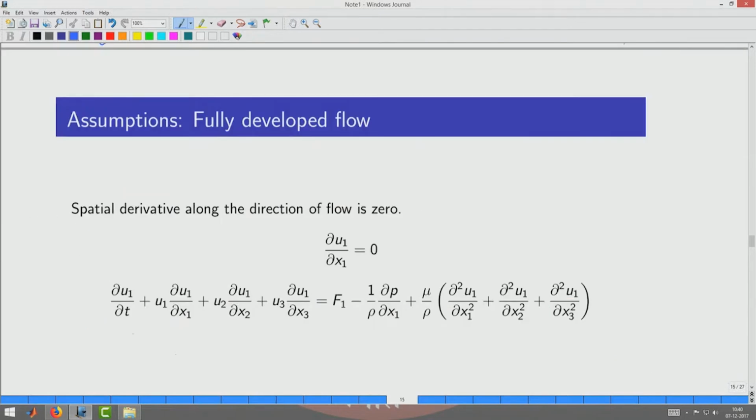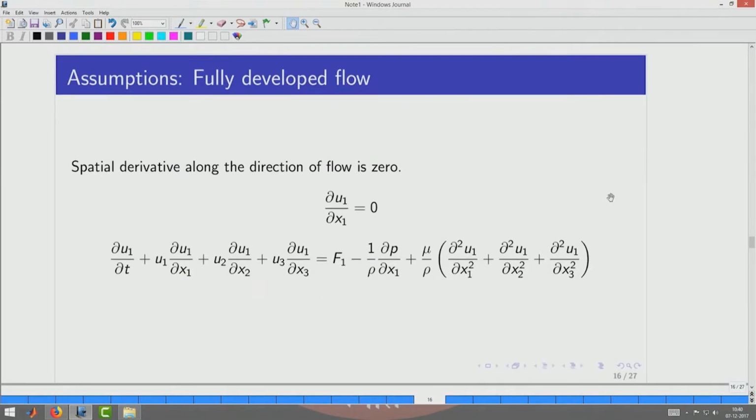Okay. Now, let us look at the other assumption, which is generally not discussed much in metallurgical textbooks, but it is an important assumption that has been made in most of the problems. That is, we assume that the flow is fully developed. Okay. So, what we mean by fully developed is that the spatial derivative along the direction of the flow is 0.